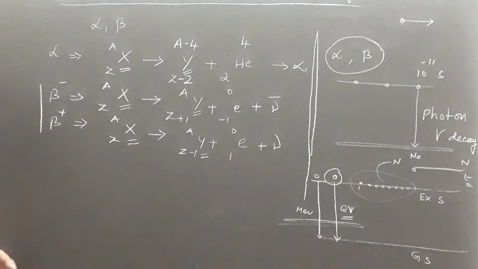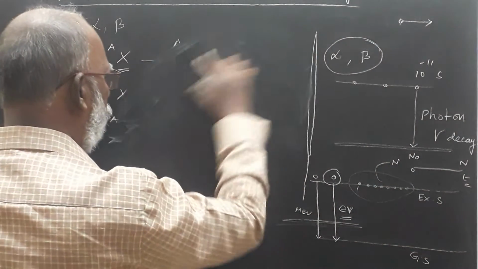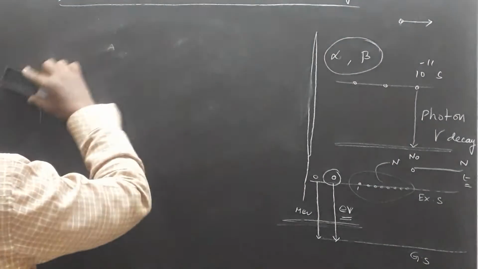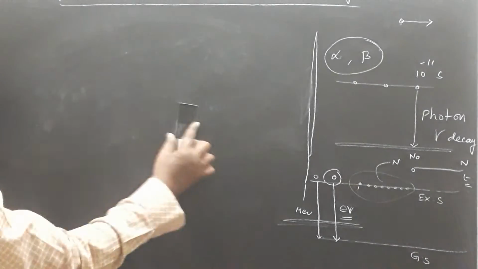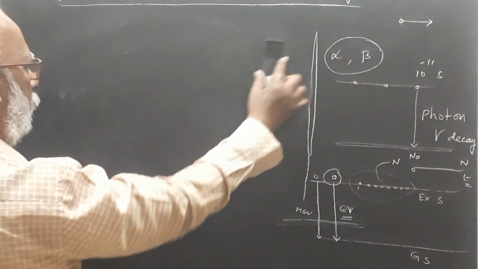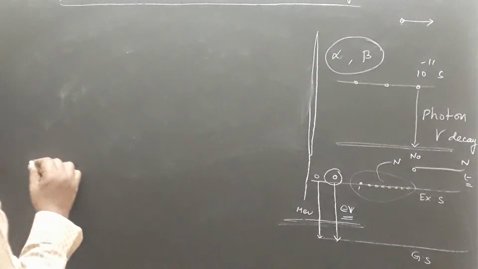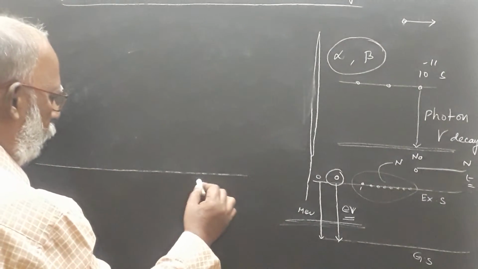Now, next step, how can we derive an expression for gamma decay? This gamma decay is a two-way process. One is jumping straight away from the excited state to the ground state.